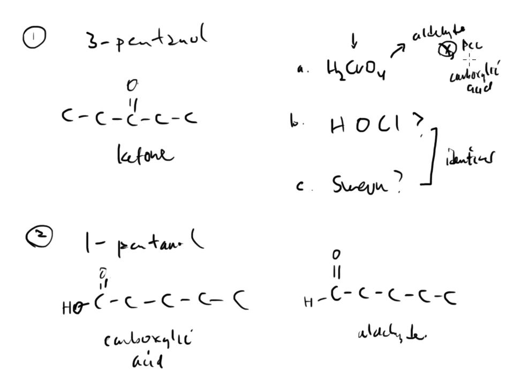So if I add PCC in part A, then all 3 of my products will be identical, because they will all stop at the very first step. So that's going to be the major thing that we have to watch out for in number 3, number 4, and number 5. All right, so let's go on.